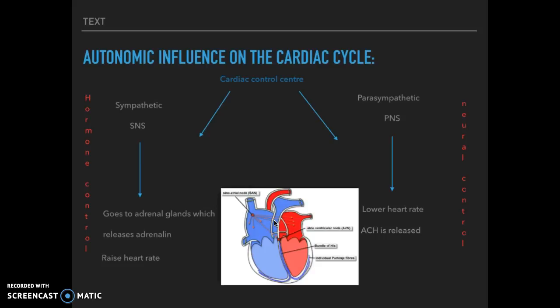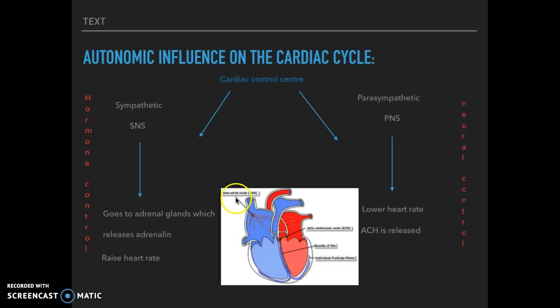The sympathetic nervous system is hormone control and goes down the SNS, and then also to speed it up, it goes to the adrenal glands, which will release adrenaline, which everyone knows raises the heart rate, and releases norepinephrine, which makes the heart rate quicker.